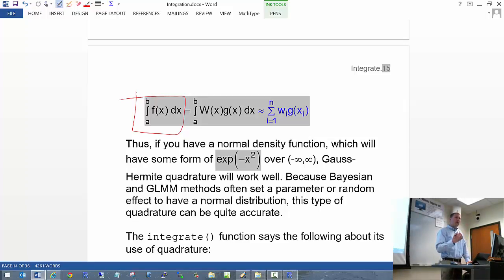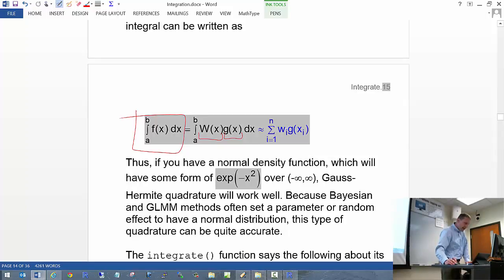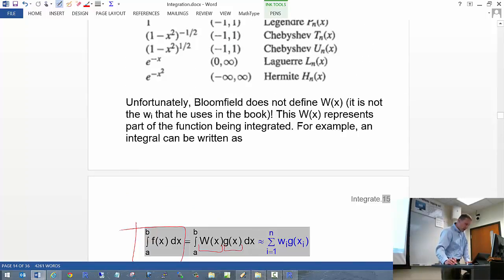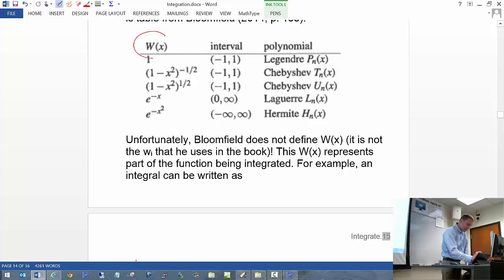And what we can do is basically break this f of x into 2 parts, a w of x and a g of x. This w of x is not the same as the weights that we've been talking about before. And unfortunately, I think Bloomfield makes it kind of confusing there. And what that w of x represents is what's in this table here.